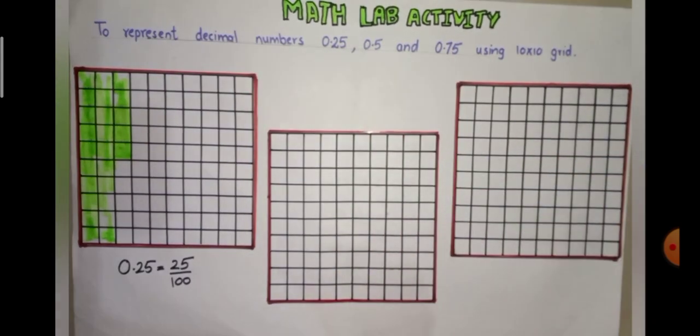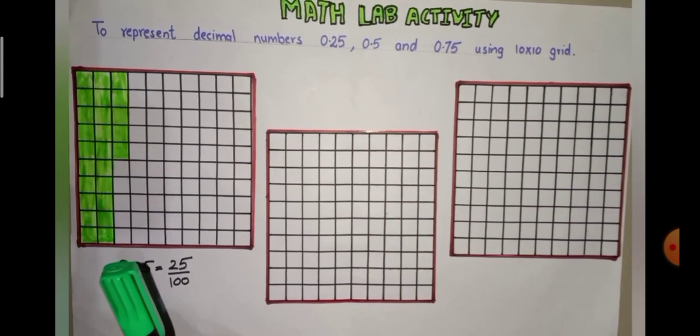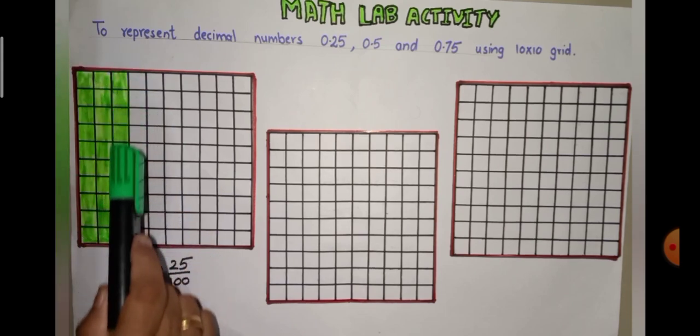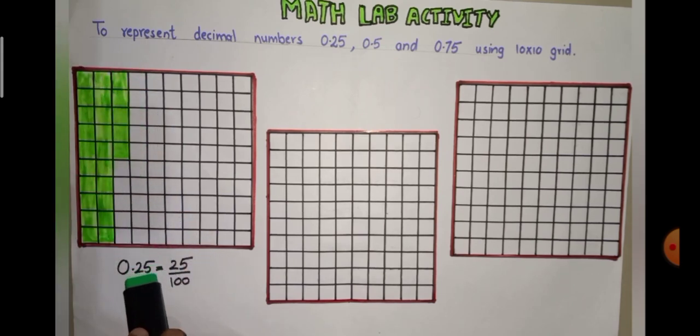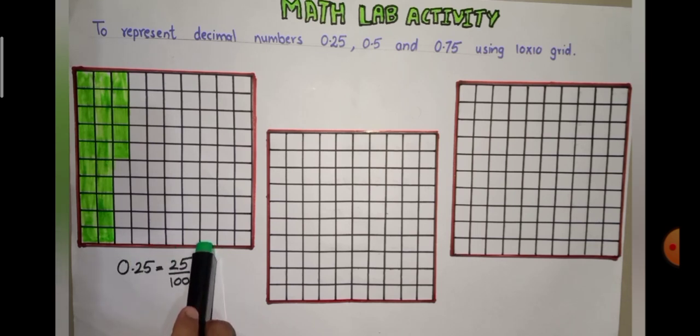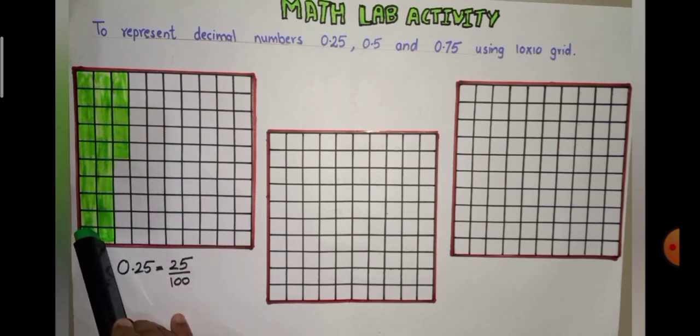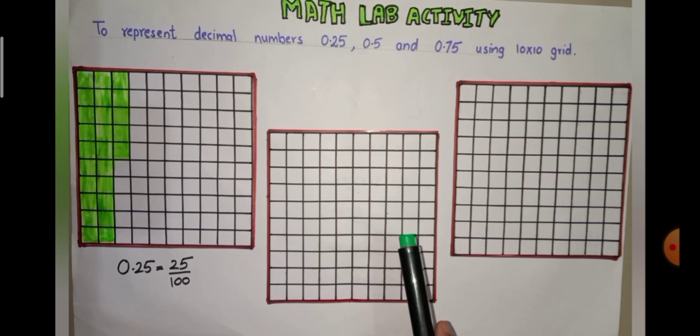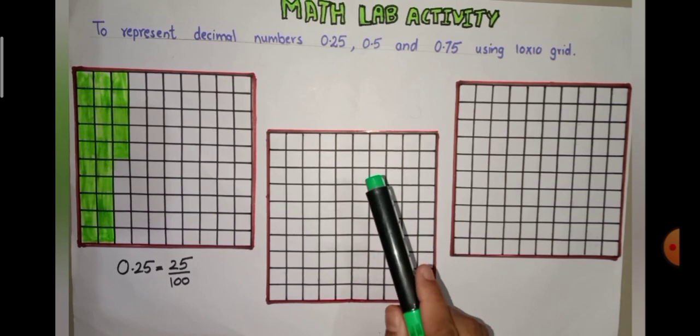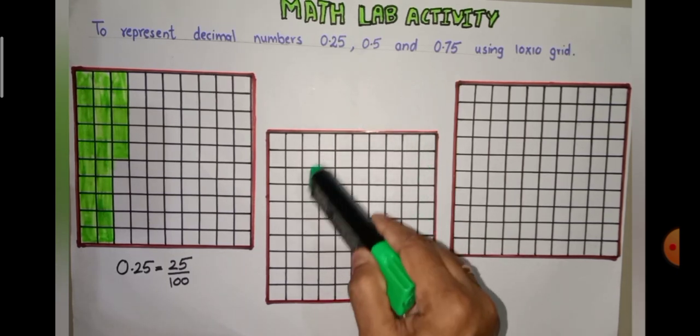Here I have shaded 25 unit squares out of 100. That makes 25 hundredths, and this represents decimal number 0.25.